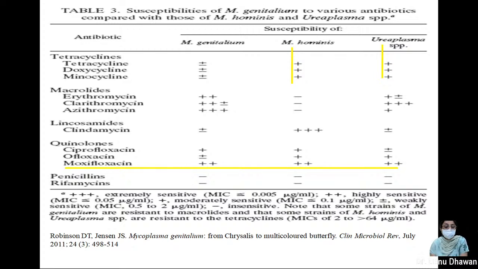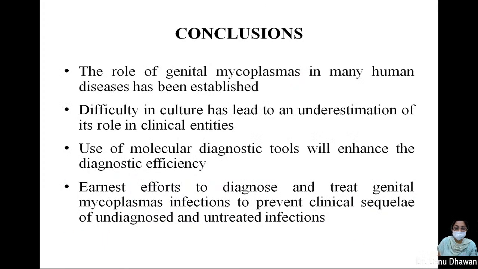So in syndromic management, where we give azithromycin, just stat 1 gram, if it is M. hominis, we will have to give doxycycline because it is inherently resistant to macrolides. M. hominis is mainly susceptible to quinolones and tetracyclines, and M. genitalium is susceptible to tetracyclines, macrolides, and quinolones. But now we have a lot of resistance being reported, especially in M. genitalium, and resistance to azithromycin.